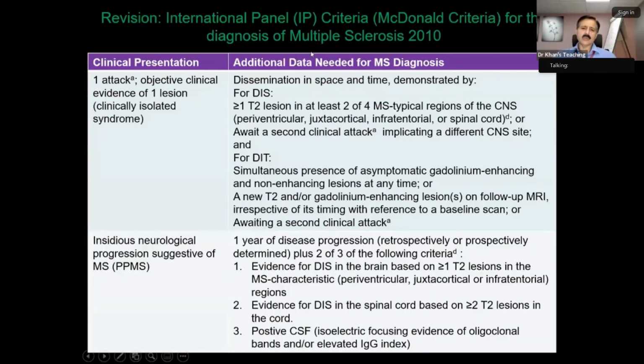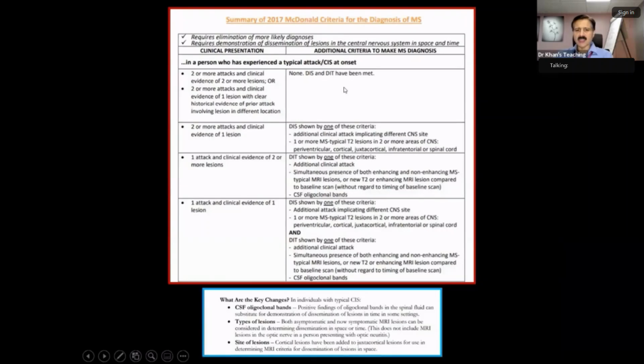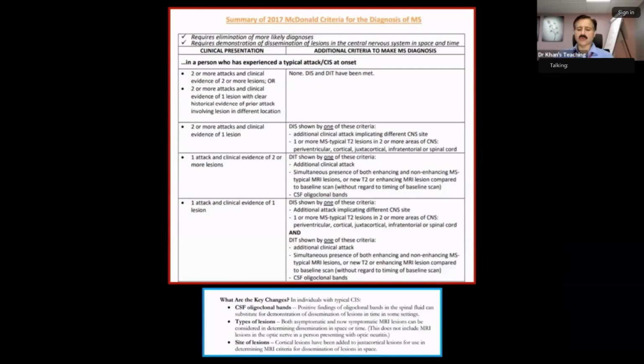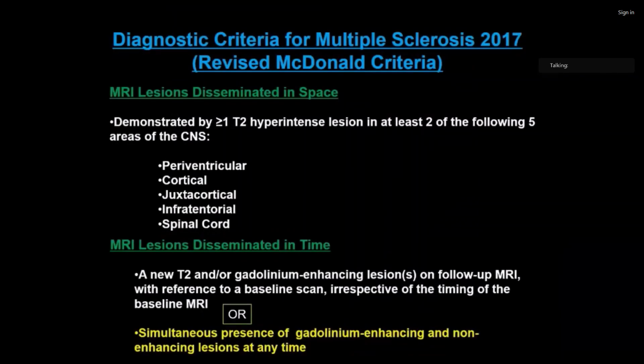And now we use the word International Panel or IP criteria. Key thing to remember is that there have been changes in 2017, and this has placed MR more prominently in the role of diagnosis of MS. And this can be a potential question for your viva in your FRCR exam.